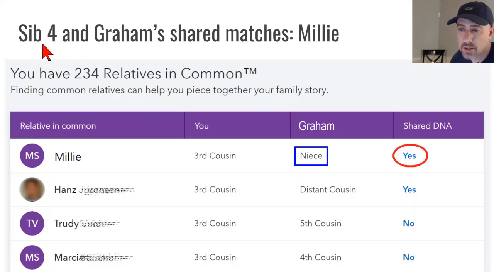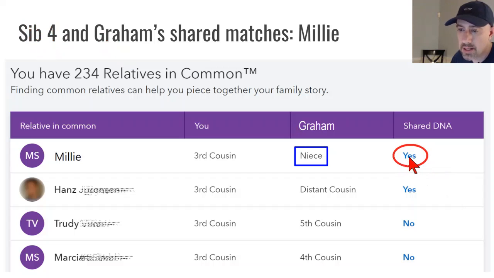So my sister here and Graham have a list of shared matches, and Millie, Graham's niece, is on their list of shared matches. So this shows up nicely, and Millie is showing up as Graham's niece. And in this column here that says shared DNA, we have a yes. That yes means that they triangulate with my sister, sibling 4 here.